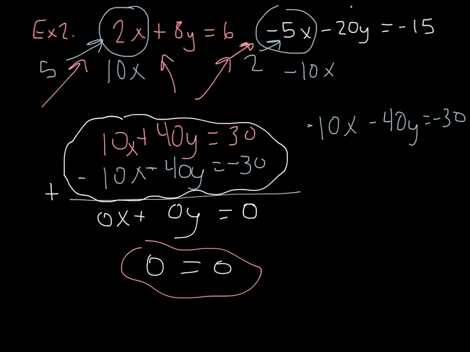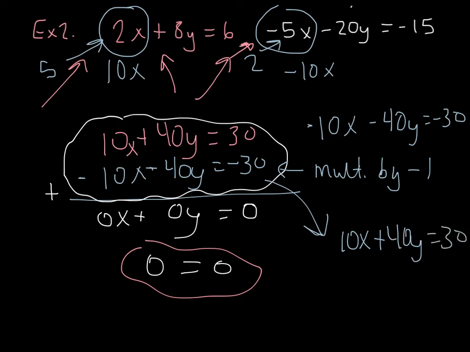Because if I was to multiply this blue equation by -1, it would change the sign of everything, and so it would come down here and look like 10x plus 40y equals 30, which is the exact same equation I have right here.